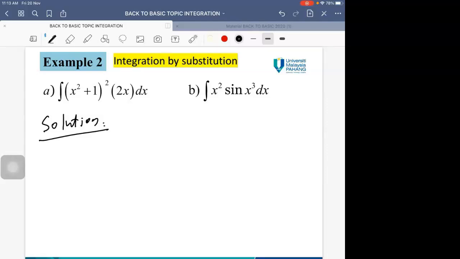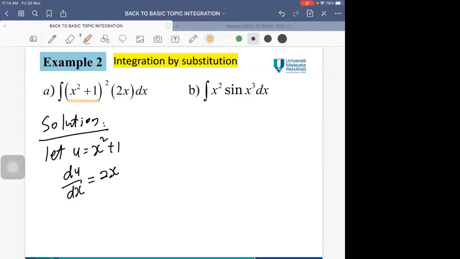Remember, as I told you, when you decide your u and then you differentiate that u, you may represent the rest of the terms. Baki yang tinggal itu. So if I let u equal to x squared plus 1, then du dx equals 2x. By letting this be u, I can have another term here written in terms of u.